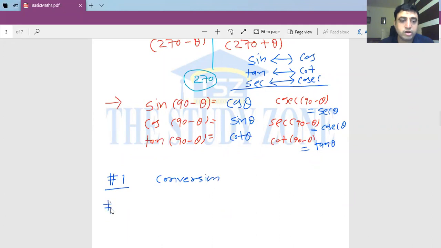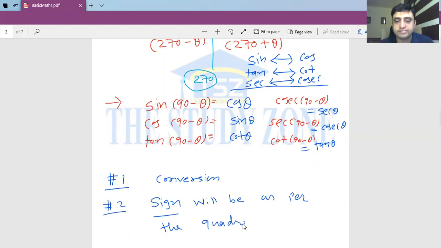And rule number two is of sign. The sign, that is plus or minus, will be as per the quadrant. I'll explain it. The second rule is that the sign, plus or minus, will be as per the quadrant, whether that angle is in the first, second, third, or fourth quadrant.